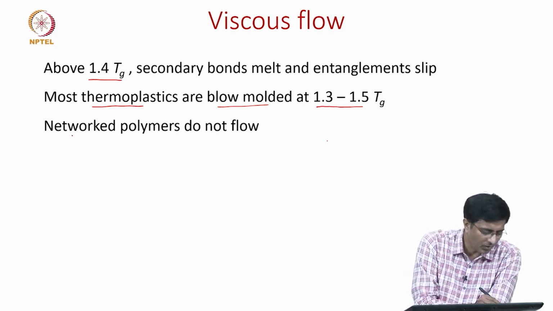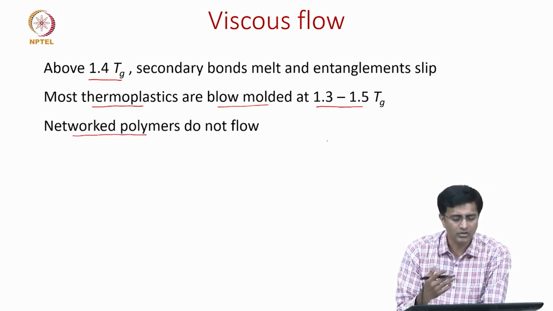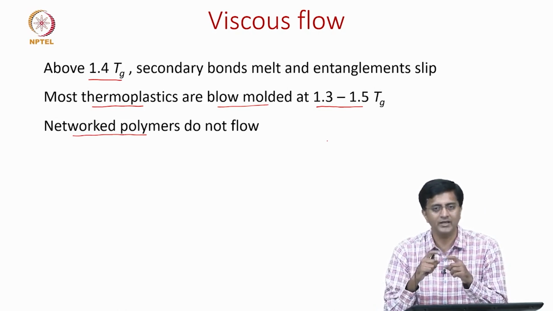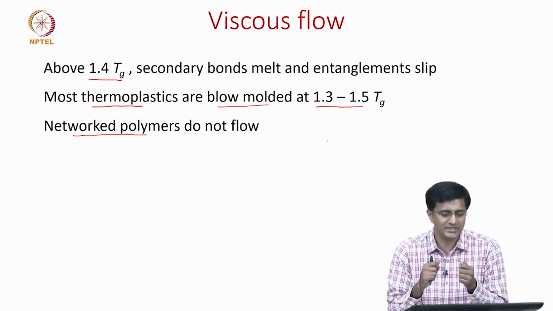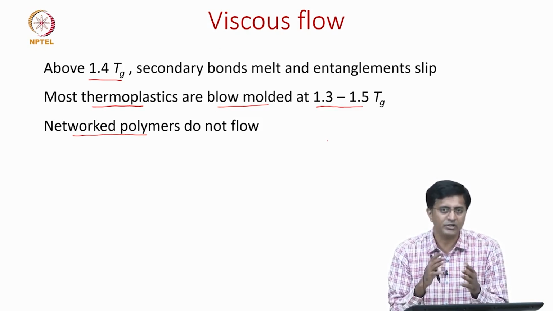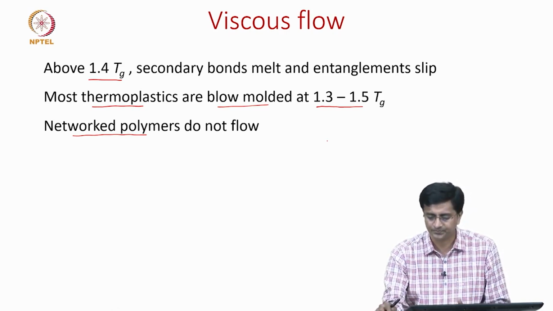So, again, what happens to network polymers like thermosets? They do not flow. The reason is the heavily crosslinked or highly networked structure, so there is no chance of breaking these bonds at these temperatures at least, and that is why we never see this viscous flow for, let us say, thermosets.